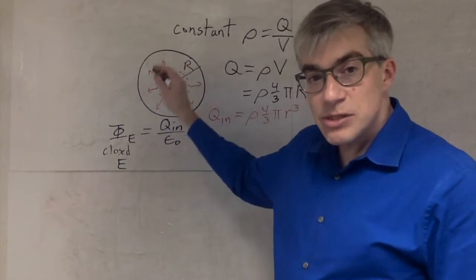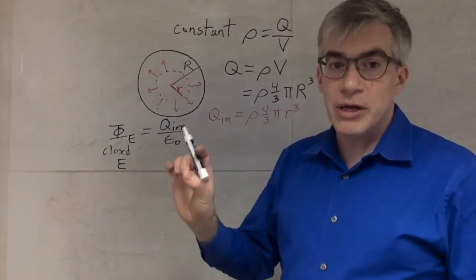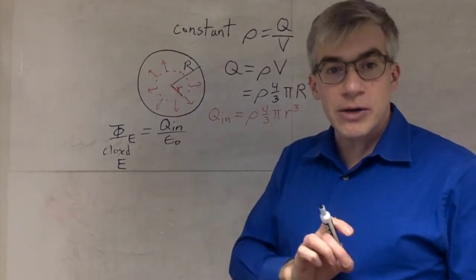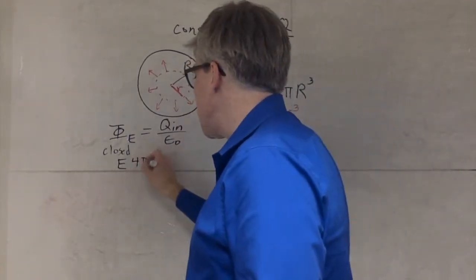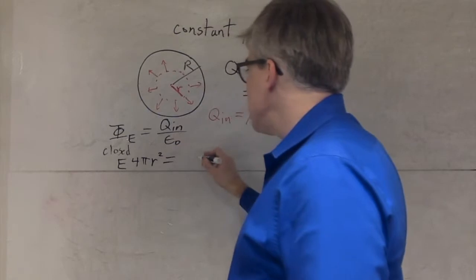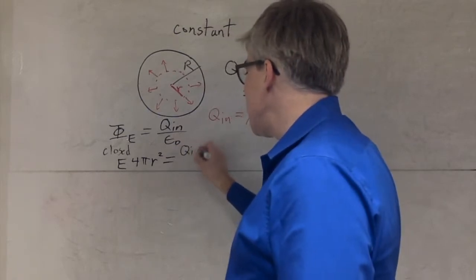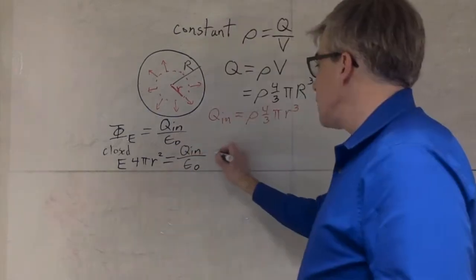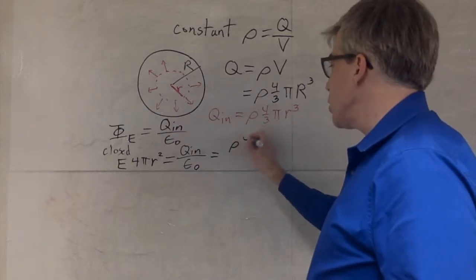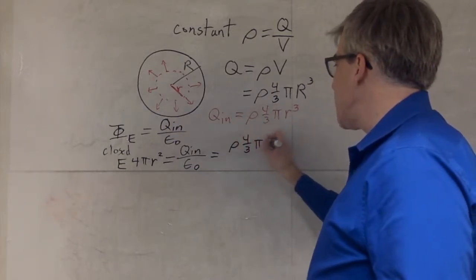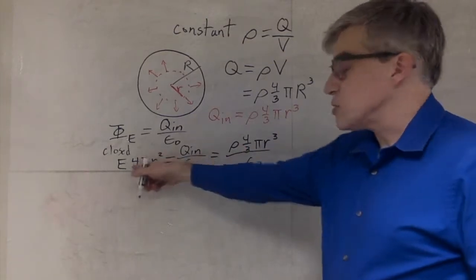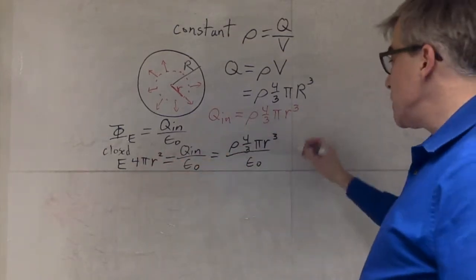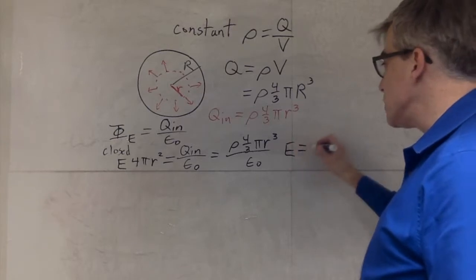Now for this Gaussian surface, the surface area of a sphere is 4 pi r squared, and this is little r. So E times 4 pi little r squared is equal to the charge inside over epsilon naught. Now since the charge inside is rho 4/3 pi r cubed over epsilon naught, and that equals 4 pi r squared E, we can determine E, the electric field.